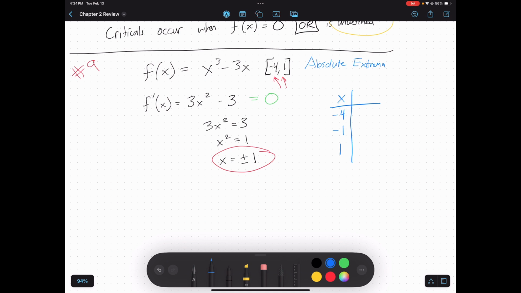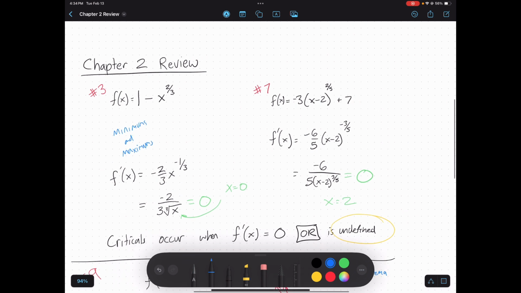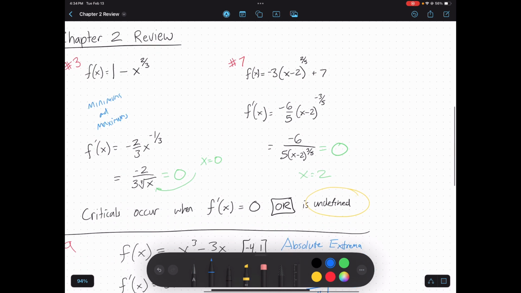Okay. What do I mean by test? Well, before in my process for like number 7, if I'm testing to see whether something's a local min or a local max, a lot of the times we'll use that first derivative test where I'll put my critical points on the number line and then I'll test the intervals in between. And the point of that is figuring out if I'm increasing and then decreasing or decreasing and then increasing.